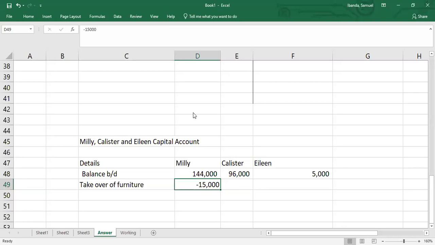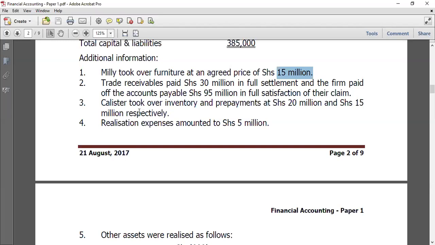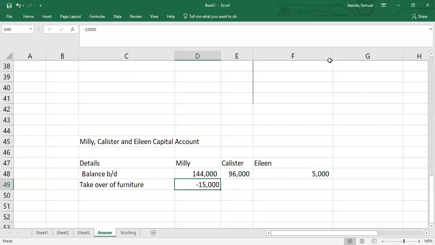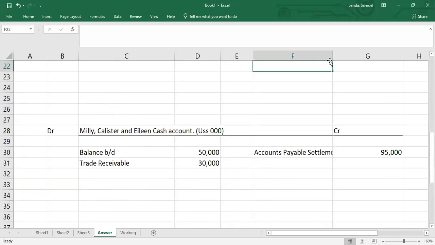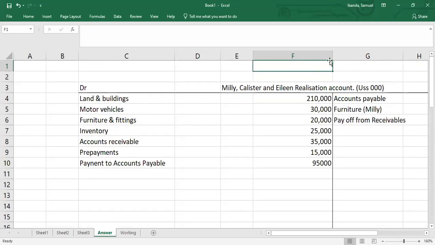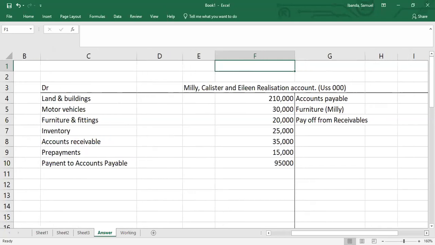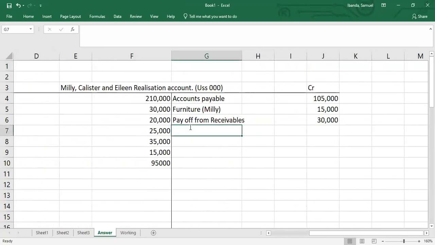And then we have also this case of Calista taking over inventory and prepayments, 20 million and 15 million. What I'll just do, I'll first record this within my realization account. I'll come here and say prepayments and just put Calista.